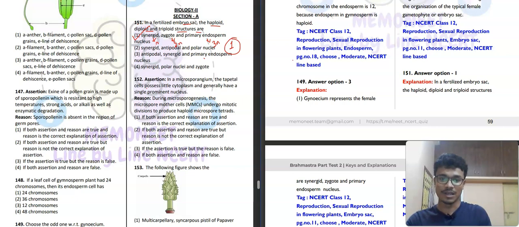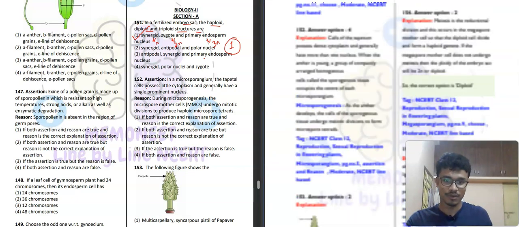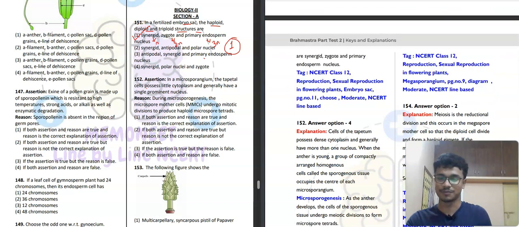Now moving towards the next question, 152. Okay, here you go, 152. So it is saying that assertion: in microsporangium, the tapetal cell possesses little cytoplasm and generally have a single prominent nucleus.